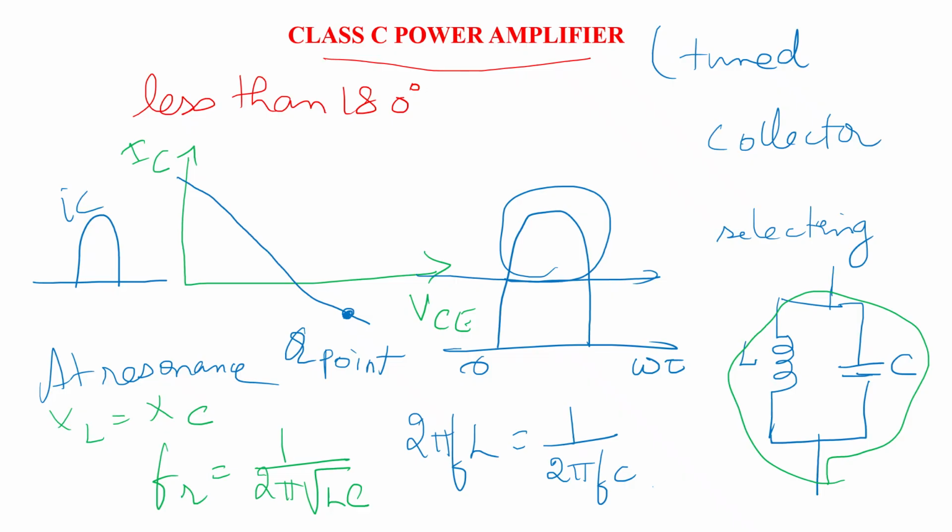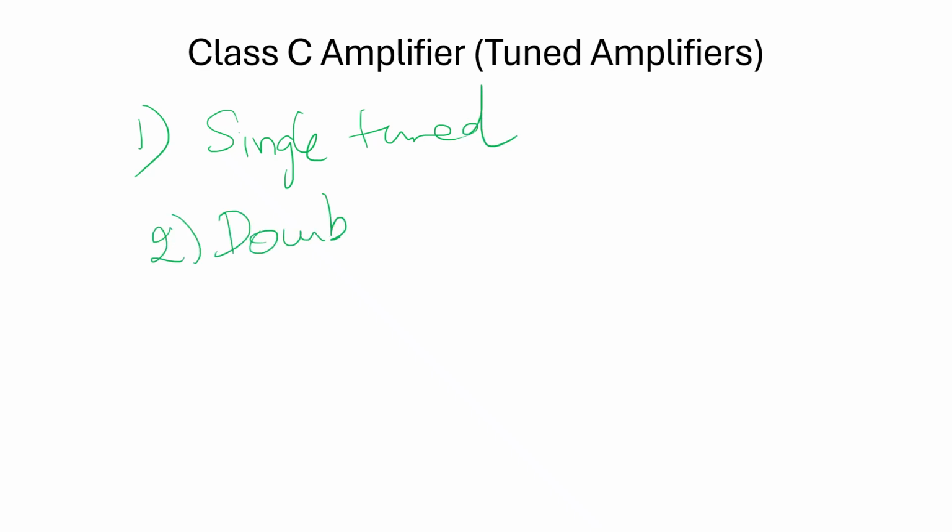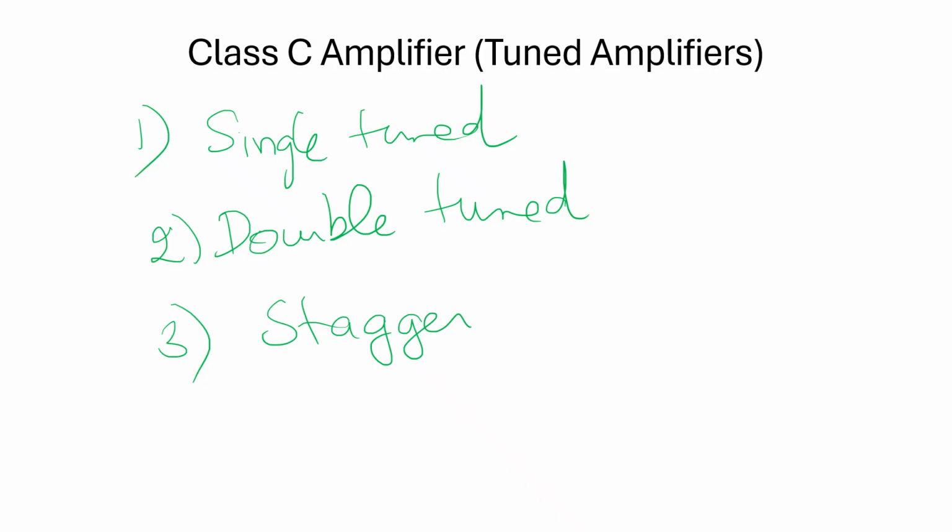So in this type of Class C power amplifier, we have three categories of tuned amplification. One is single tuned, the other one is double tuned, the third one is stagger tuned.